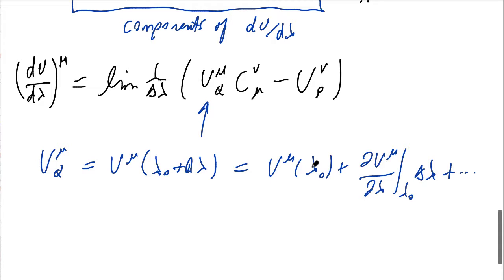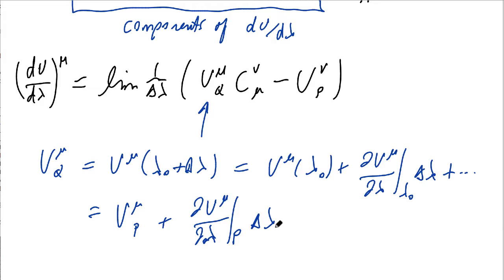The first term, V^μ at λ0, is just the components of the vector field at point P. We have plus the ordinary derivative of these components with respect to λ at point P times Δλ, plus higher order terms that drop out.